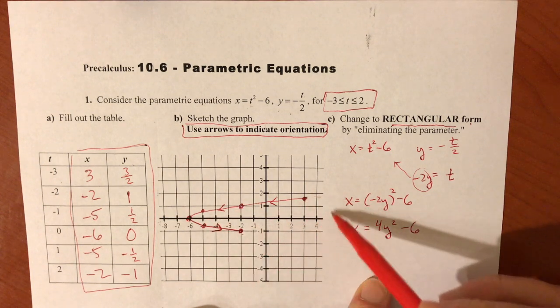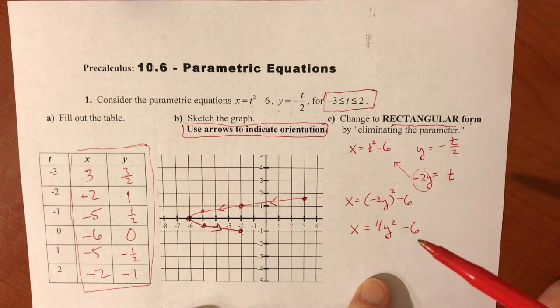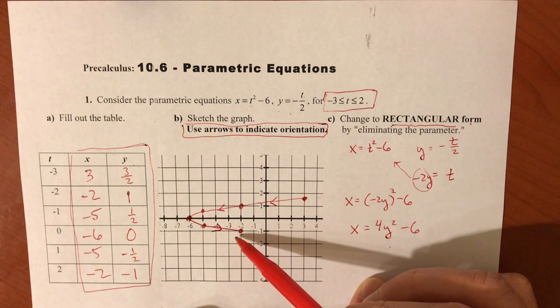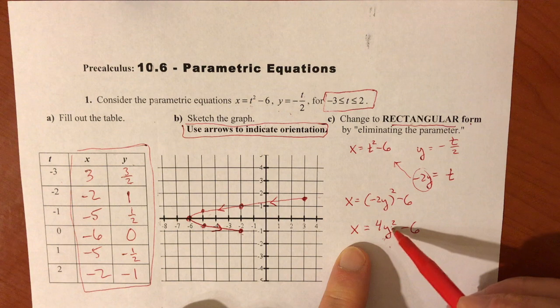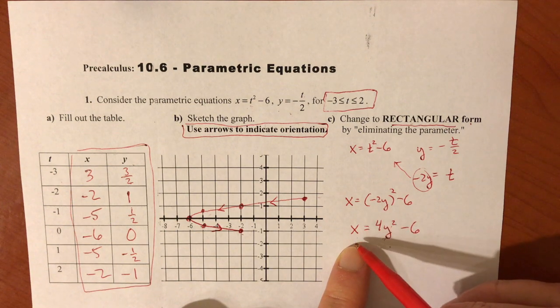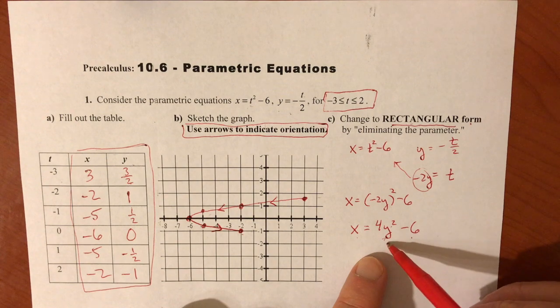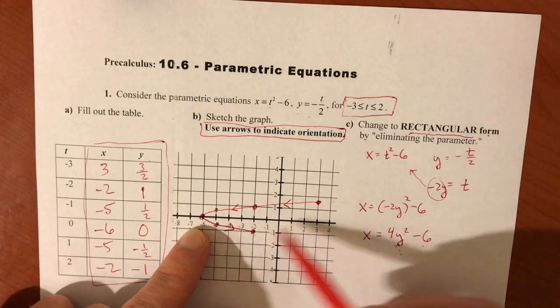And that should come as no surprise to you, because what you're looking at here is a sideways parabola, which is the y squared and x to the first power, and the vertex being at (-6, 0). -6 is the x-coordinate, 0 is the y.